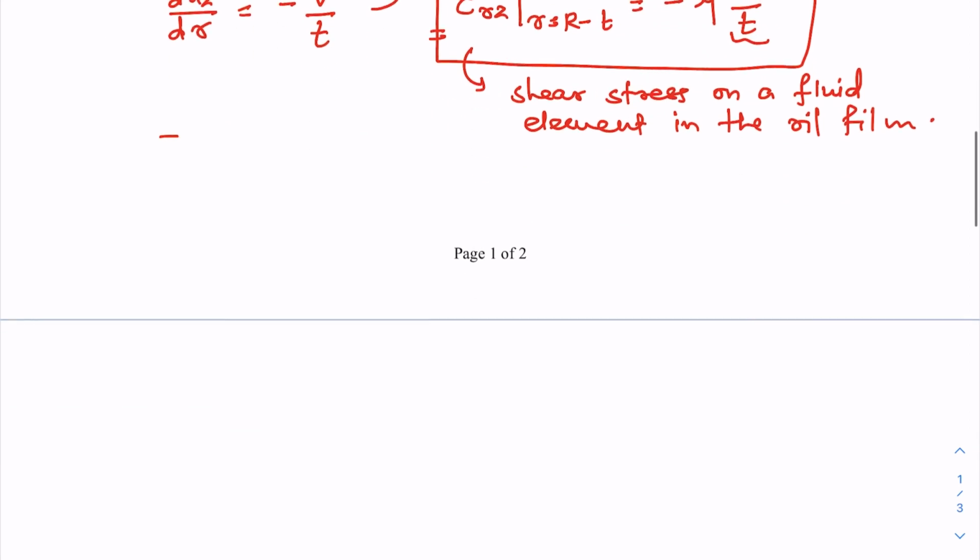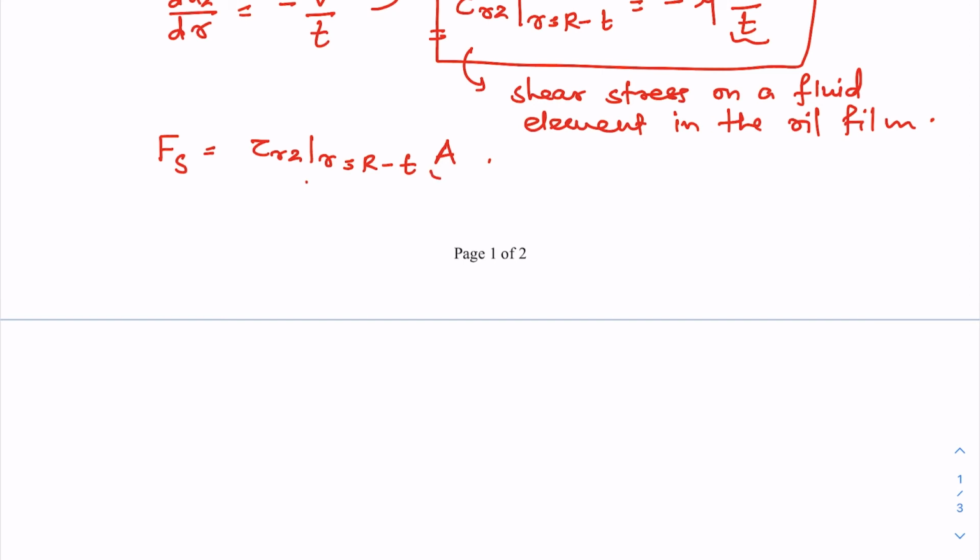So the shear force will be nothing but tau rz at r equal to R minus t, the shear stress acting on the piston surface, multiplied by the surface area.